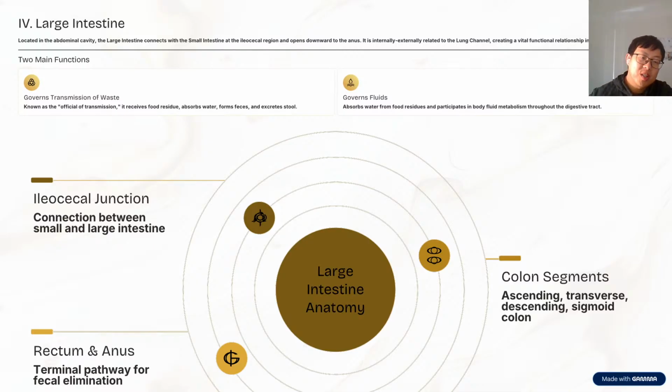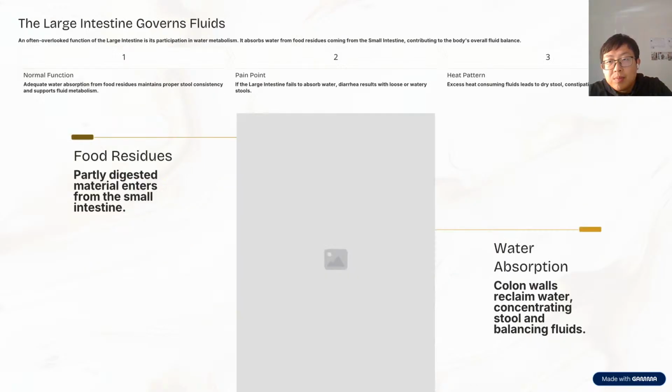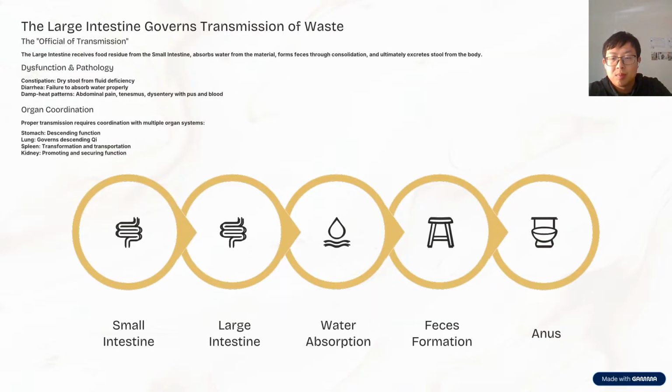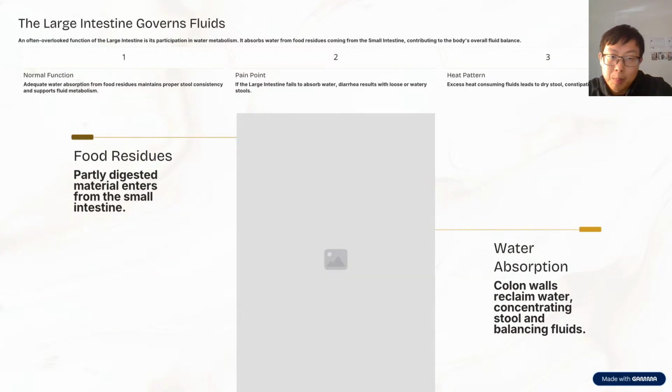The transformation of waste in the large intestine is closely coordinated with other organs. Stomach energy descending helps excrete feces.